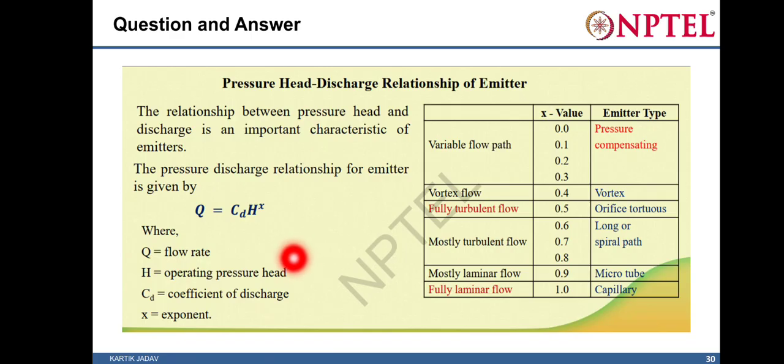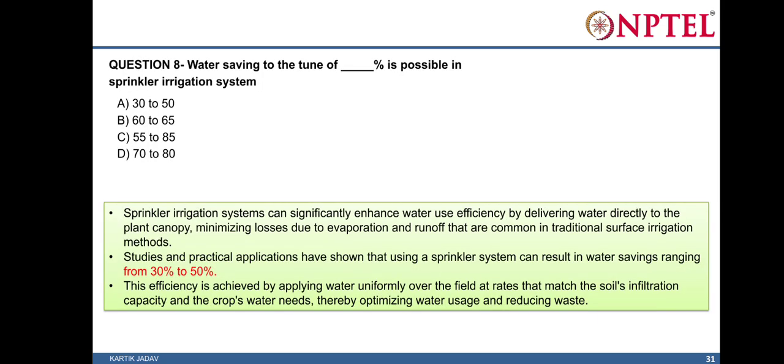Correct. While as you go down towards laminar flow condition, this exponent X increases towards 1. It means there is a higher impact of the operating pressure head H. So these are the main fundamentals for design or selection of any drip emitter based on the operating pressure.